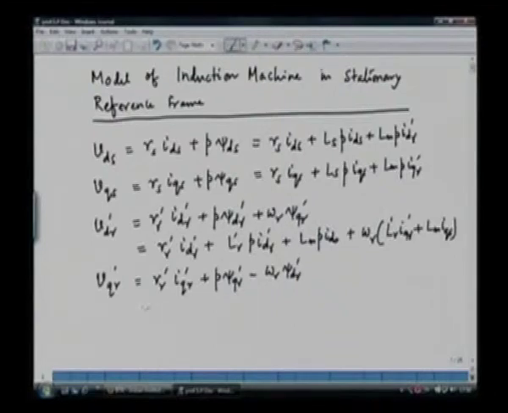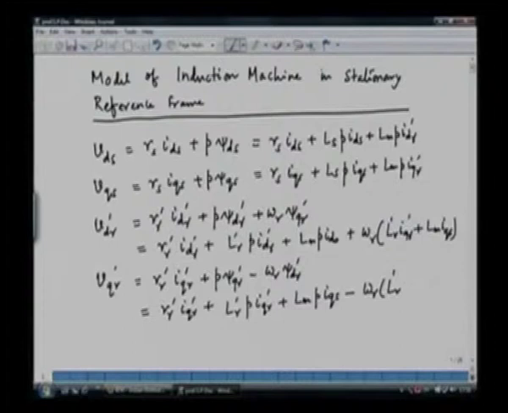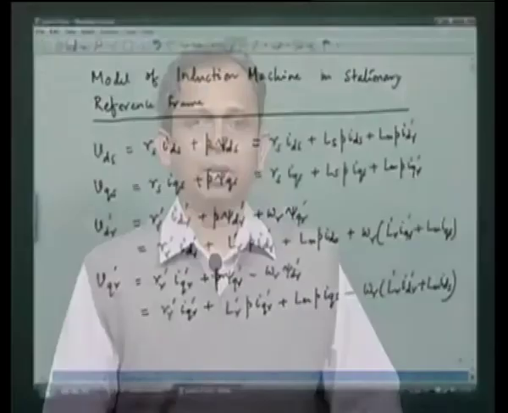This we can express in terms of the currents only: RR prime IQR prime plus LR prime P IQR prime plus LM P IQS minus of omega r LR IDR plus LM IDS. Now, these four equations, when we solve, these are four simultaneous differential equations.